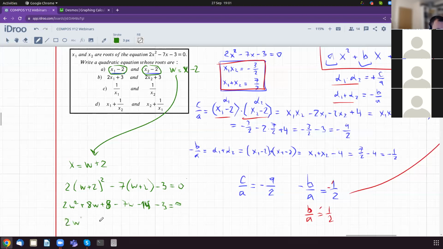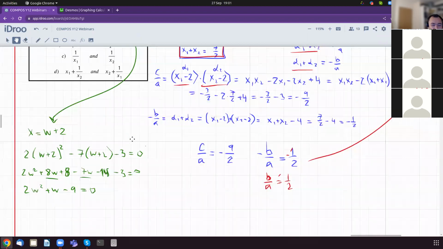2W squared. 8W minus 7W is plus W. 8 minus 3 is 5. 5 minus 14 is minus 9 equals 0.